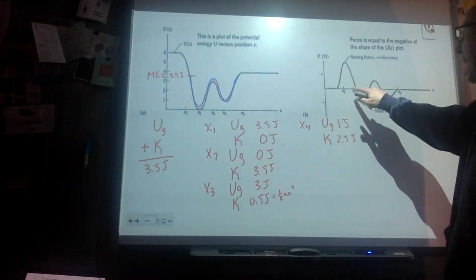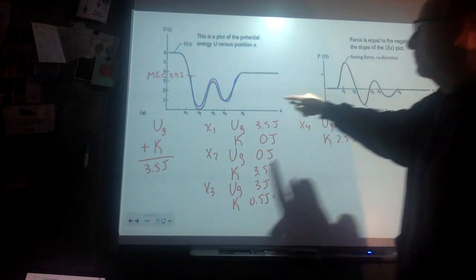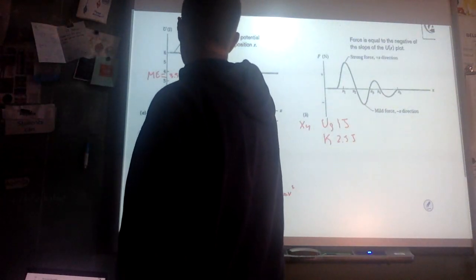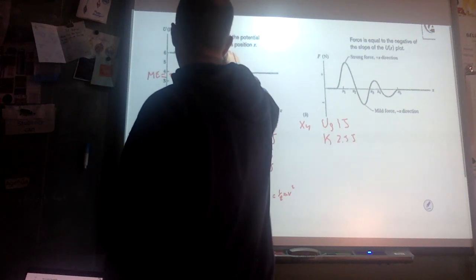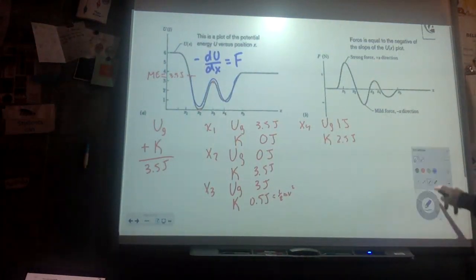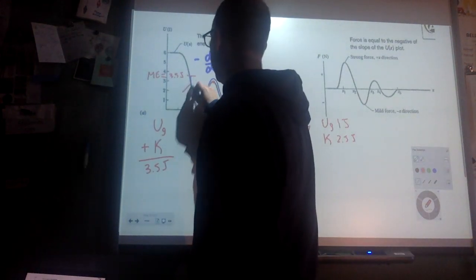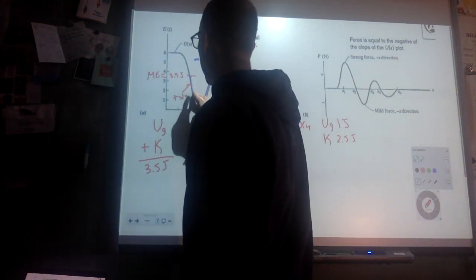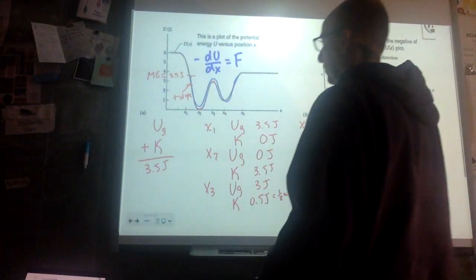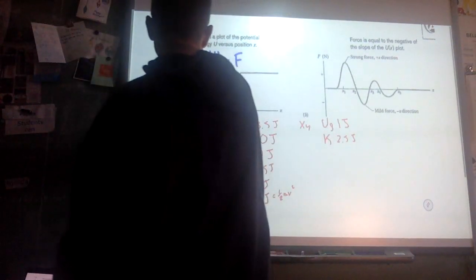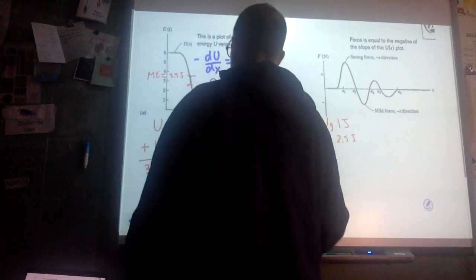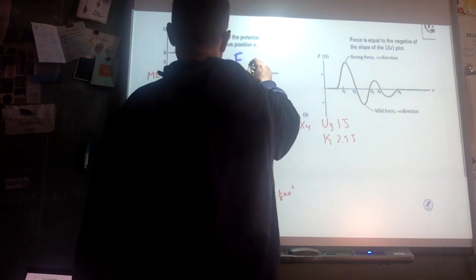So if we look at x1, remember that negative dU/dx is going to be equal to my F. If I look at where I am at x1, this is a negative slope. And if I take the negative of that, I'm going to get a positive.